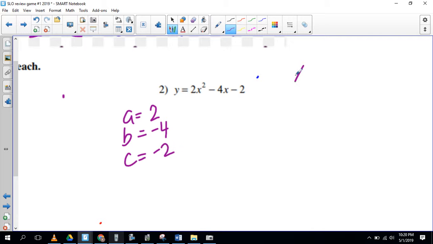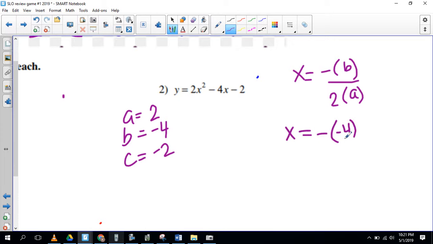So our formula is x equals -b, and put parentheses, divided by 2, parentheses a. Okay, so x equals negative, and my b was -4, divided by 2, parentheses, my a was 2.